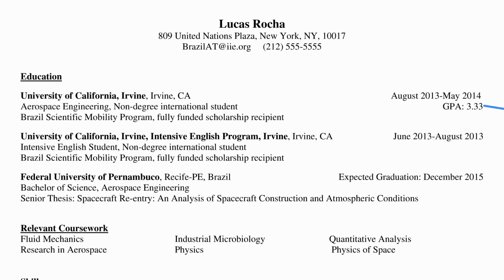And if you feel like telling the person who you're sending the resume to your GPA, then you should include this on the right. If your GPA is below a 3.0, we don't recommend that you put your GPA on the resume, but if it is 3.0 or above, then please do put it.